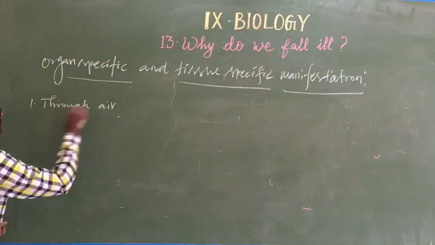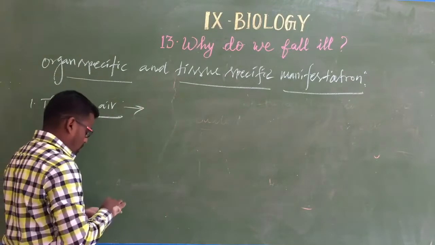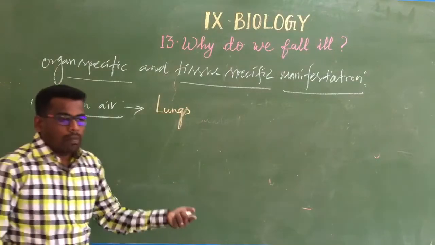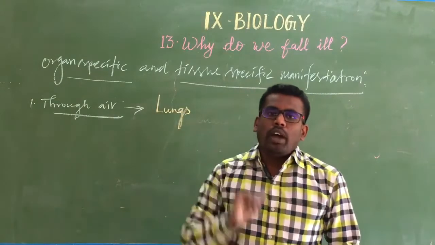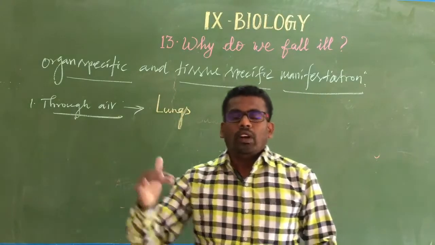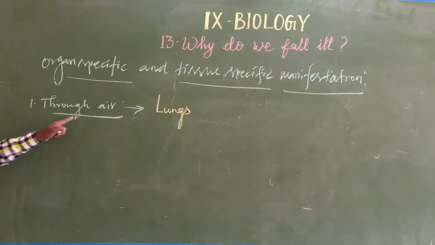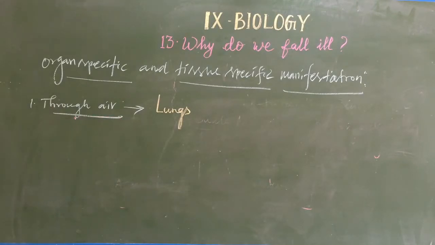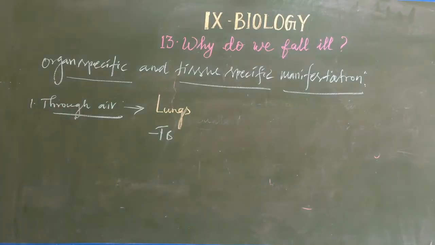If it enters through air, where will it reach? Lungs. So that is decided by the point of entry. If it enters through the air, it reaches the lungs. So we can identify the person with TB, tuberculosis. So this is one way.